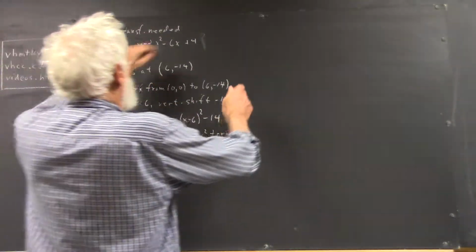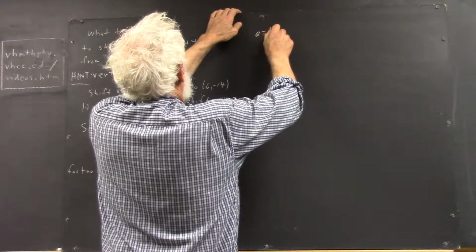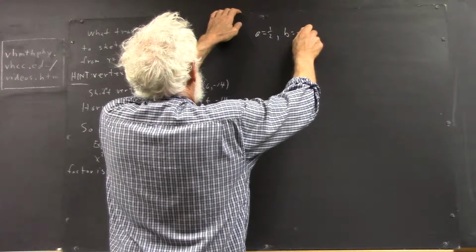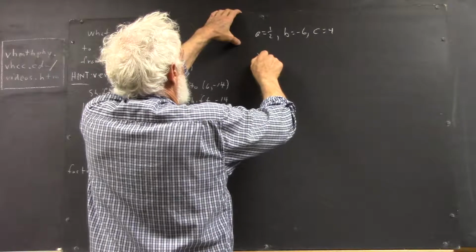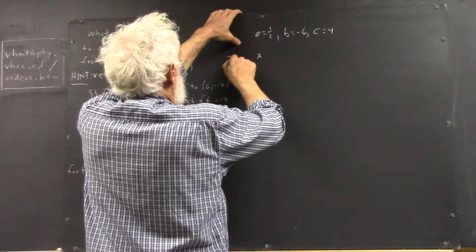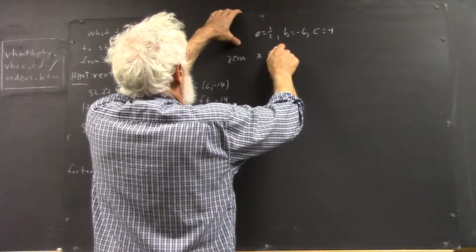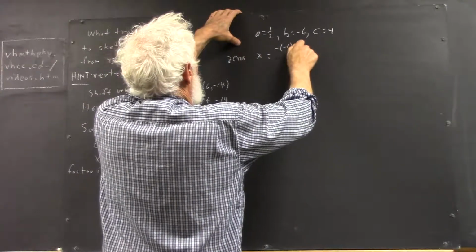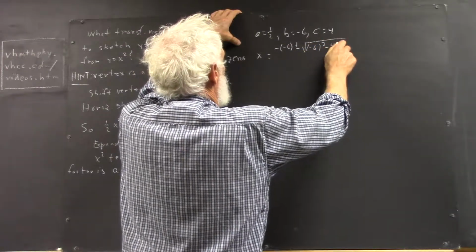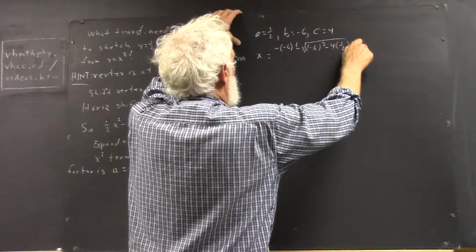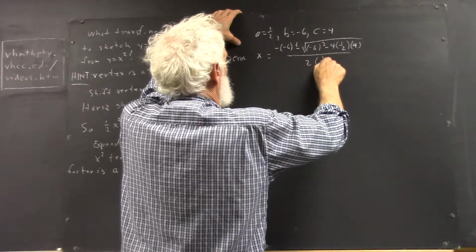Okay, so for the vertex, using the quadratic formula, you have a equals 1/2, b equals -6, c equals 4. The solutions, the zeros, are at x equals negative of -6 plus or minus the square root of (-6) squared minus 4 times 1/2 times 4, divided by 2 times 1/2.